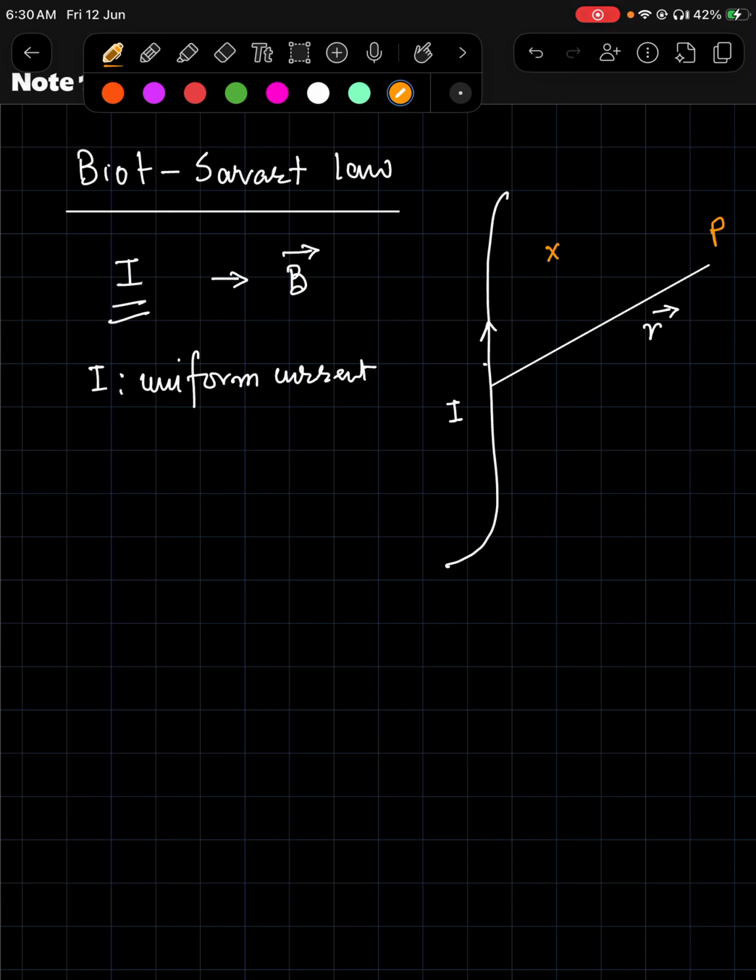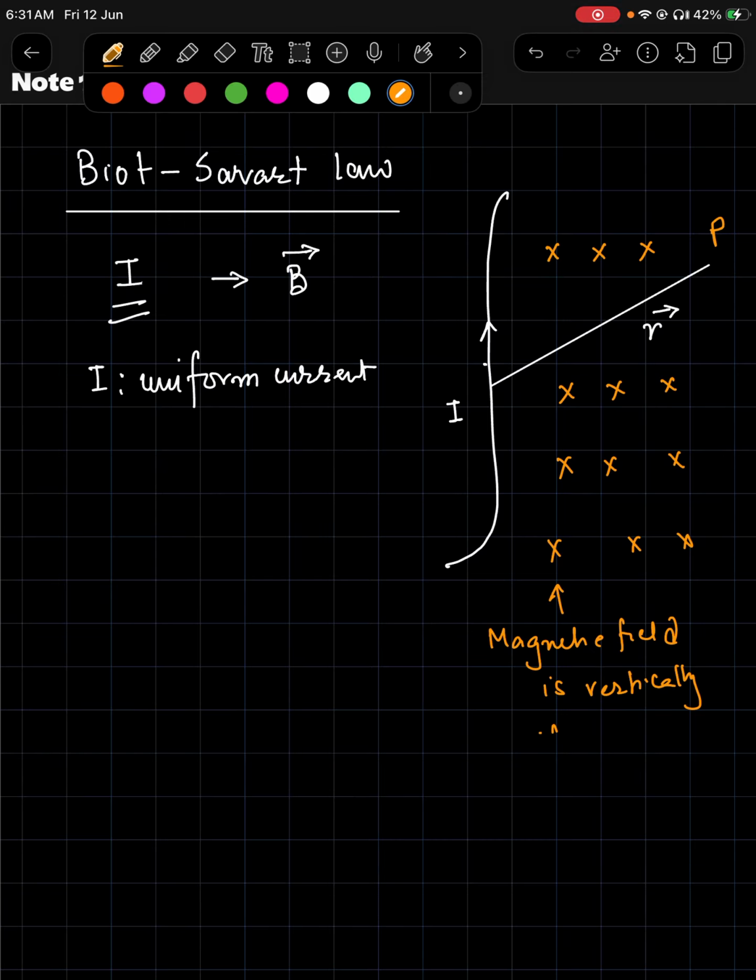It is denoted by this cross symbol. It shows that the magnetic field is vertically downward.